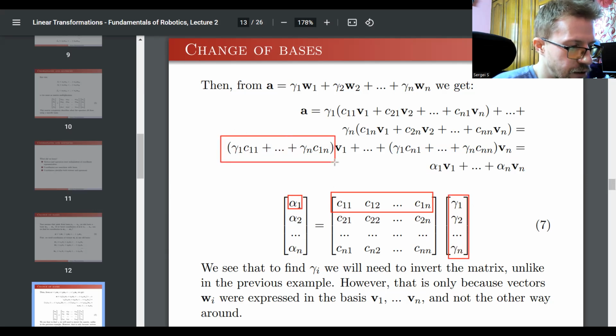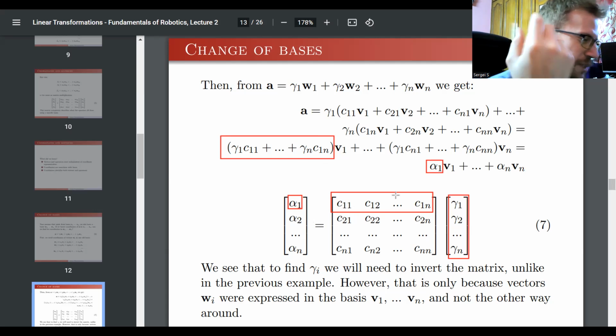And that comes from this relation. So gamma 1 C11, gamma 2 C12, gamma n C1n, that's alpha 1. You got it, right? So again, we got some matrix vector multiplication, which now tells us what alphas are in terms of gammas.